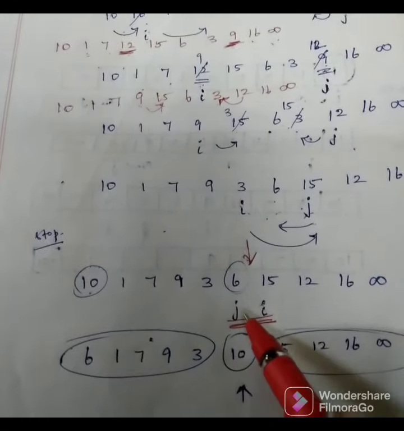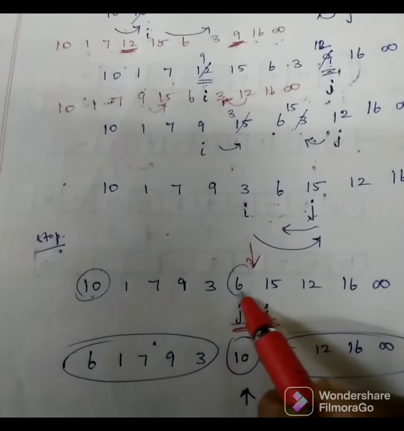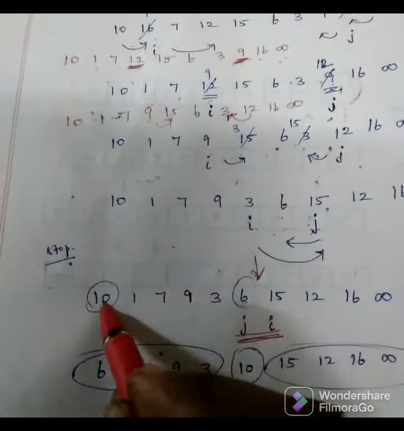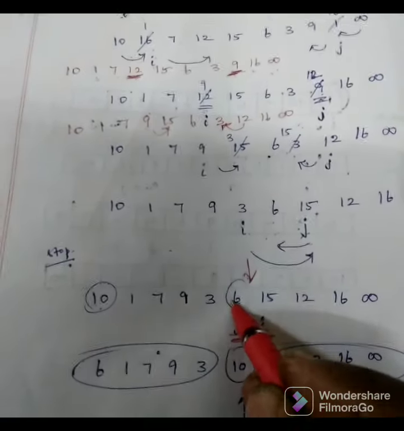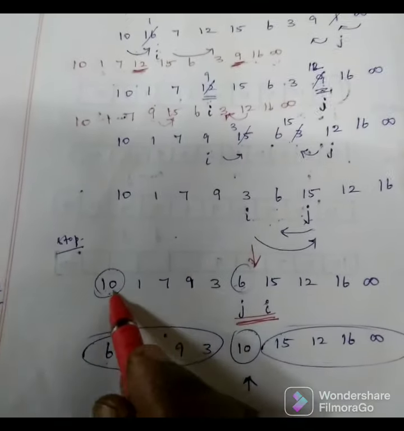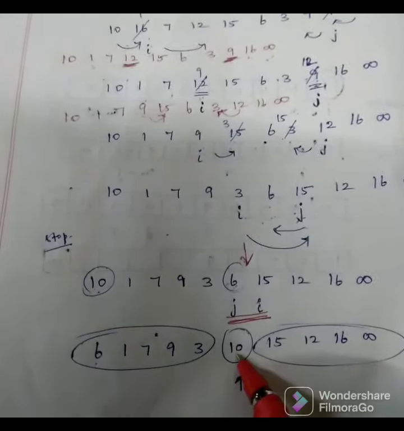So you have to exchange the j element with the pivot. The j value will go here and 10 will come here in the place of j.